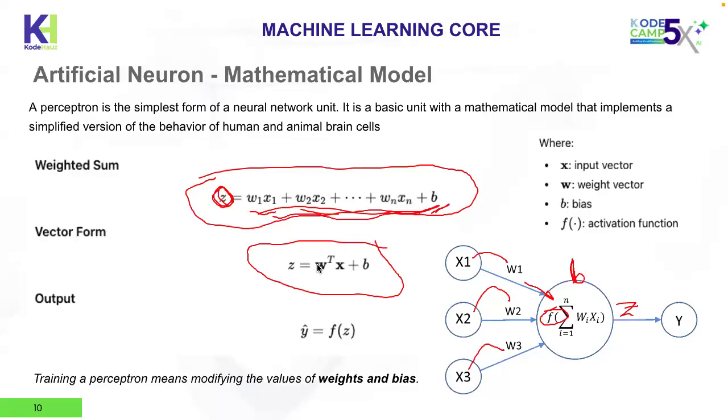Where W is the weights or the parameters. X are the inputs, the same X we've been using, the variables that come in, independent or dependent. And then the B, of course, is the bias in the cell. That is the output of this. So you can now see that finally the final output Y hat is an activation function F of Z.